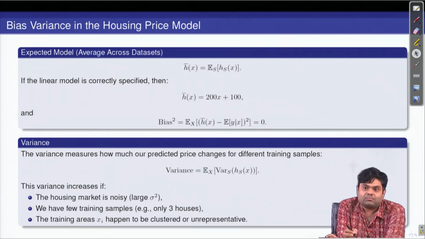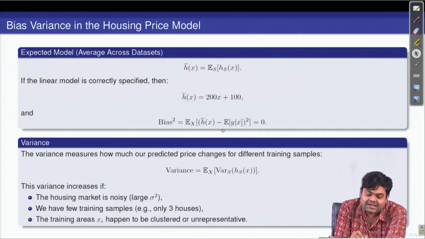But I just mentioned earlier that it follows from properties of least square fit. The bias then will be the expected value with respect to x of h bar x minus the expected value of y given x.